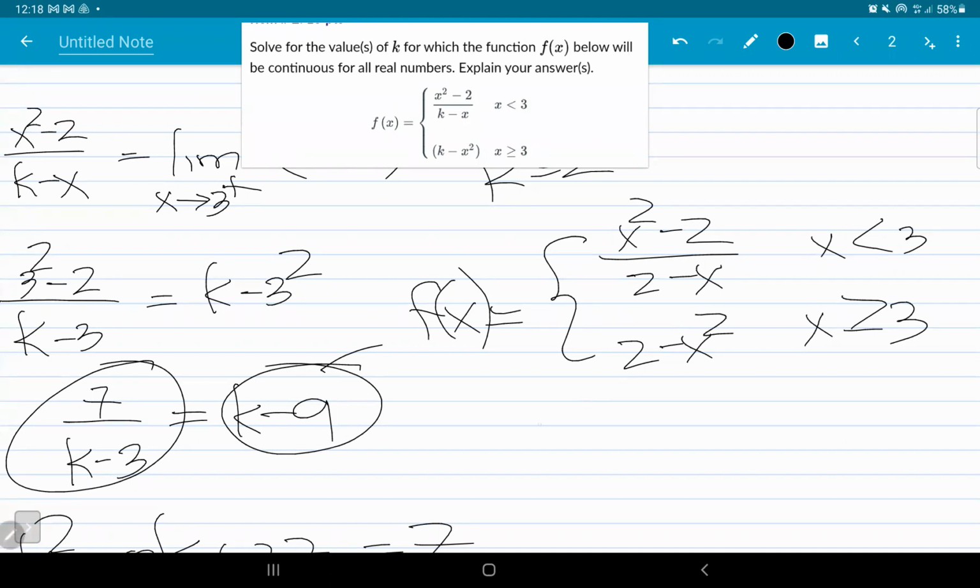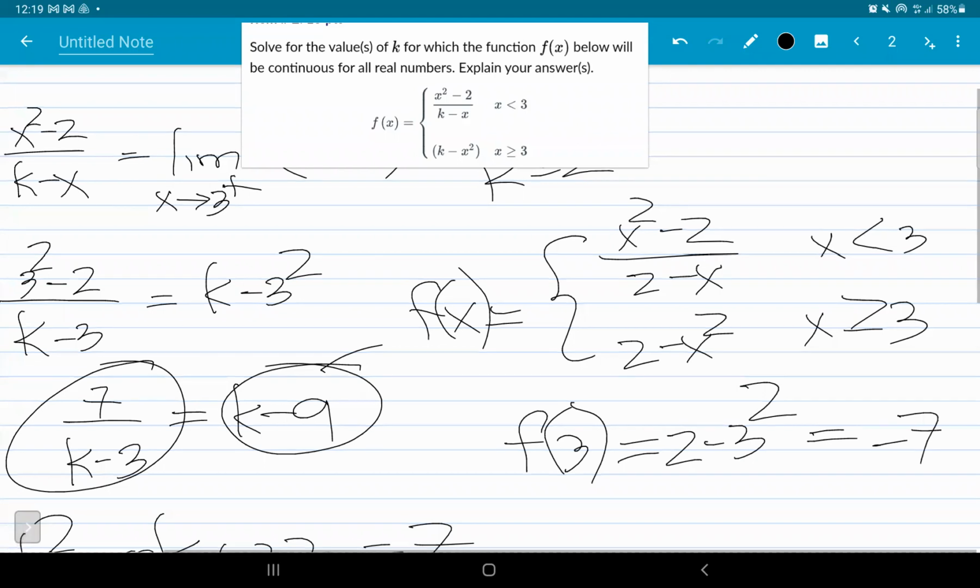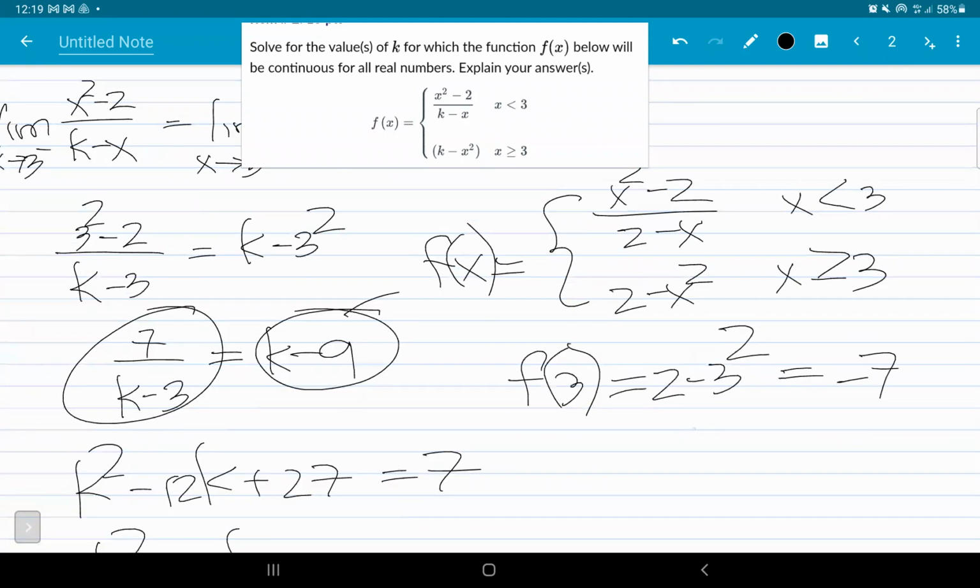Now, f of 3 is negative 7. The upper branch gives... I think there should be no problem. Okay, let me check that again.